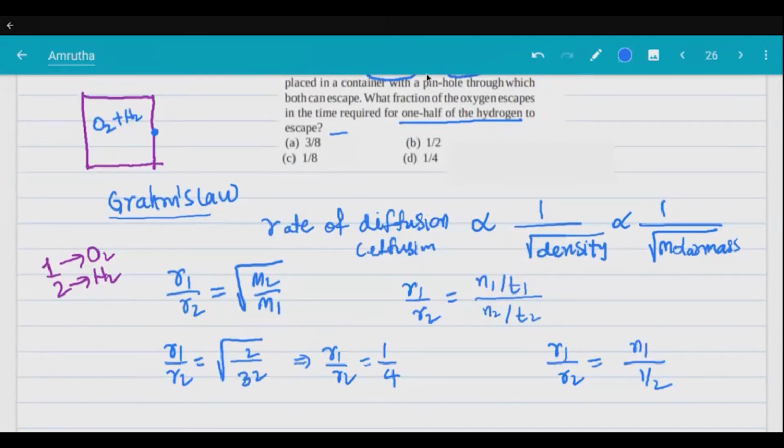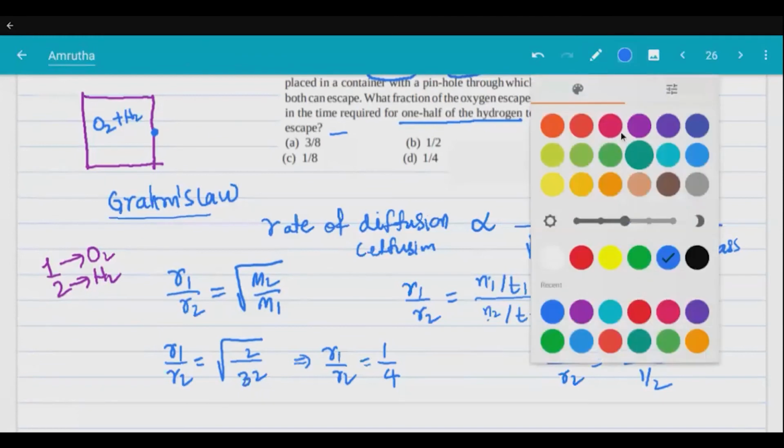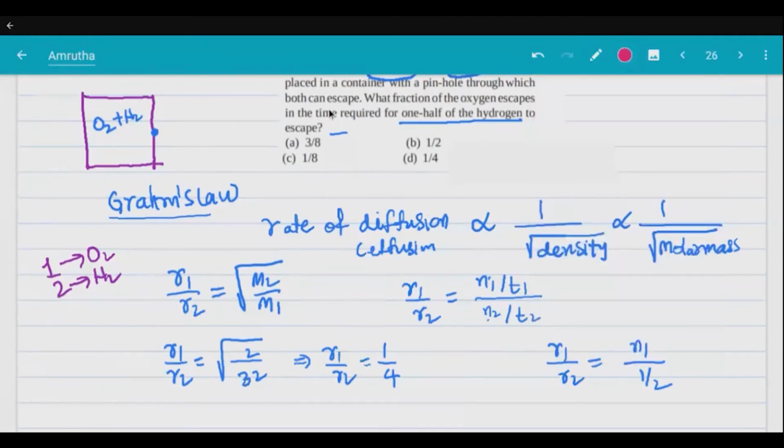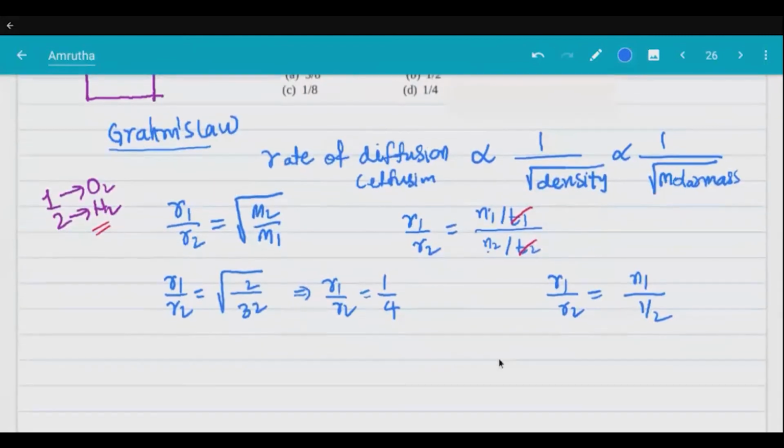You're getting the point, right? So what I did is N1 by N2, because time is the same. Time given is the same for oxygen and hydrogen, so I cancelled it out. N1 by N2: we have taken hydrogen gas as N2, so 1 by 2. But R1 by R2 we already know, how much is this? 1 by 4.